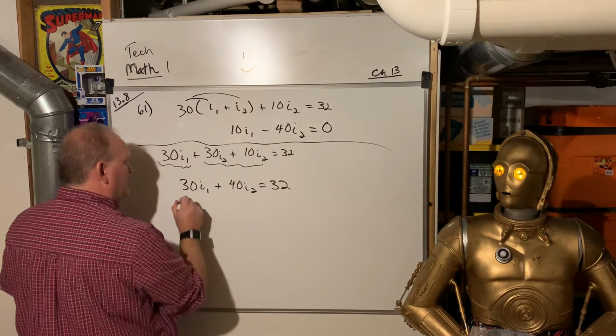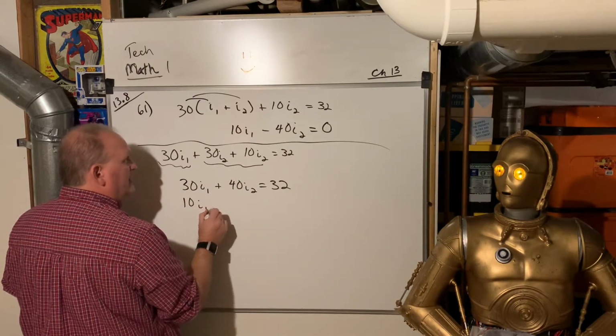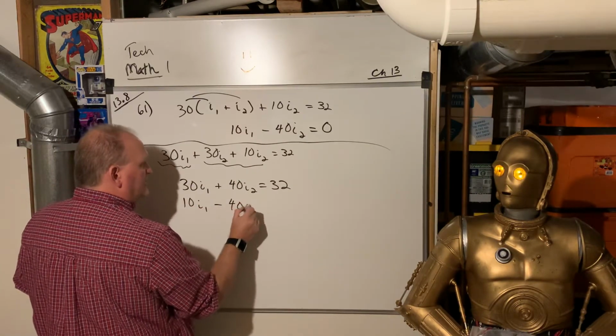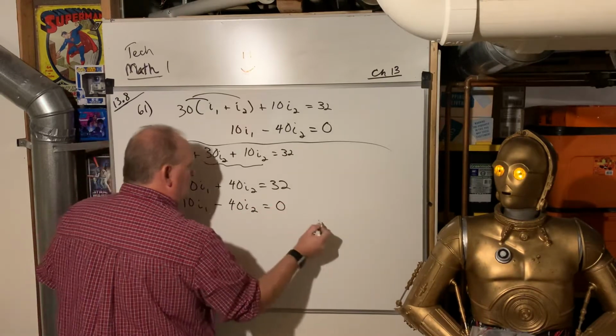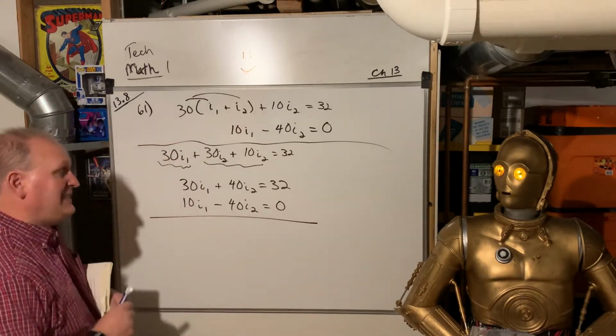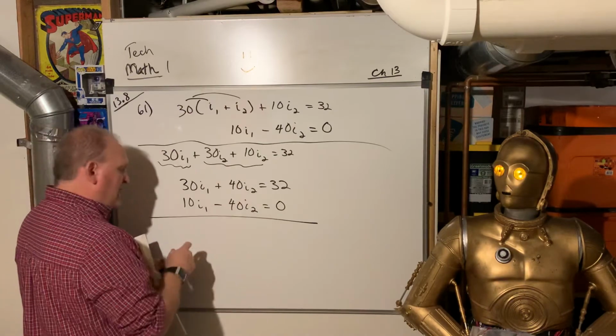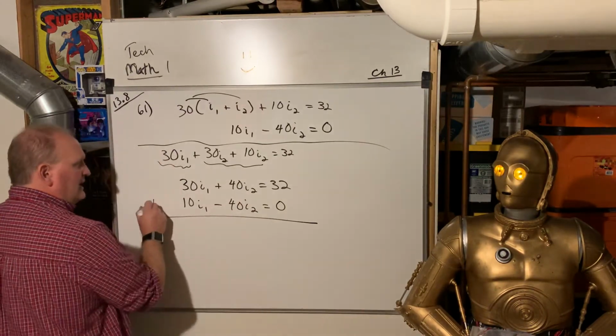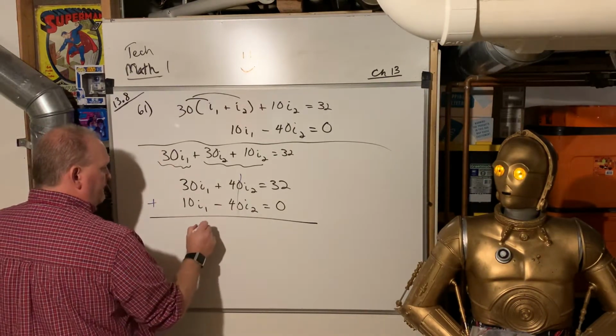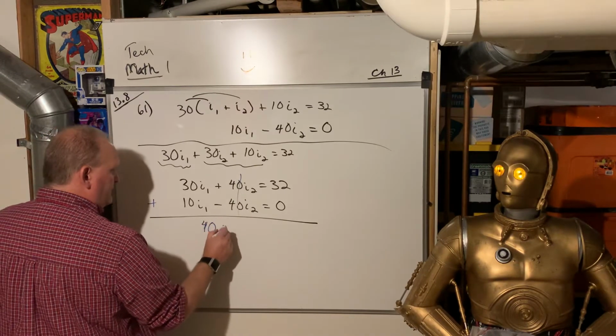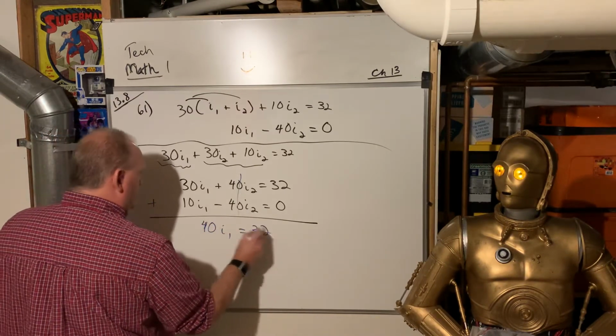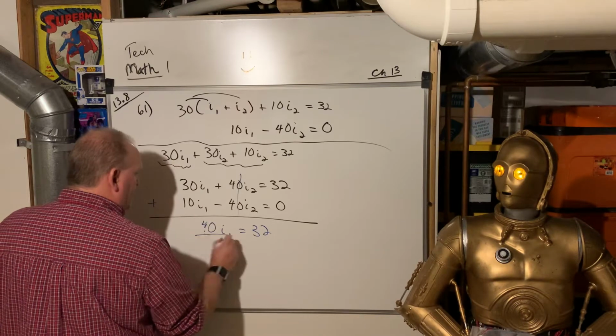And then leave that one, 10 I sub 1 minus 40 I sub 2 equals 0. So this worked out very conveniently in that if we add straight down right now, the I sub 2's will go. We'll get 40 I sub 1 is equal to 32, and then divide by 40.